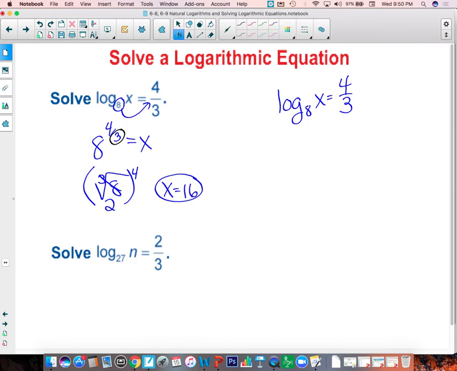I'm looking at the base of 8. So, in order to cancel out the log on the left-hand side, I'm going to say that I'm taking both sides as a power of 8. So I'm going to say 8 to the power of log base 8 of x, and then 8 to the power of 4/3.